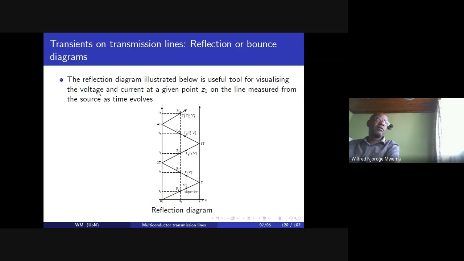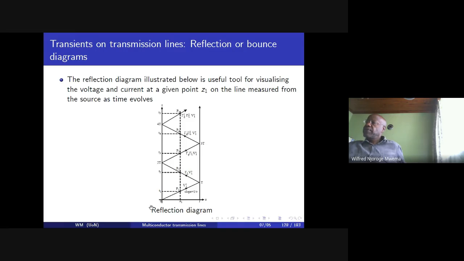Now, to try and follow how the reflections on the line are going becomes very difficult, especially when we are dealing with practical issues. So usually we use what we call the bounce diagram, or the reflection diagram, for the voltage.